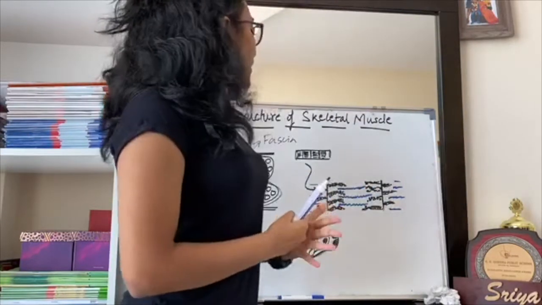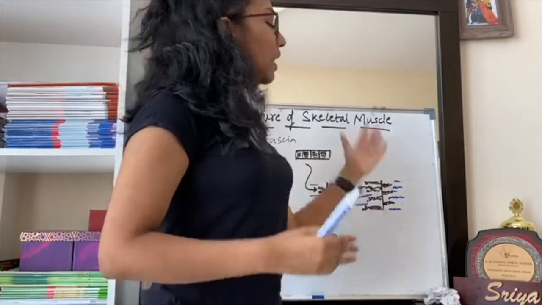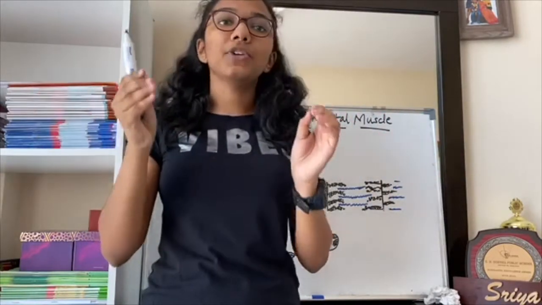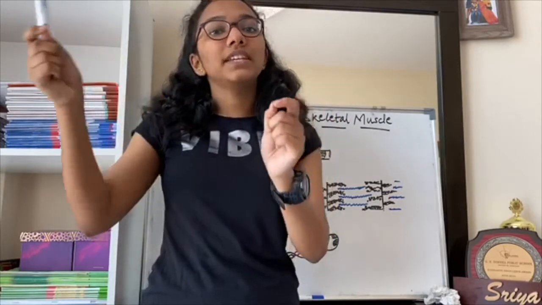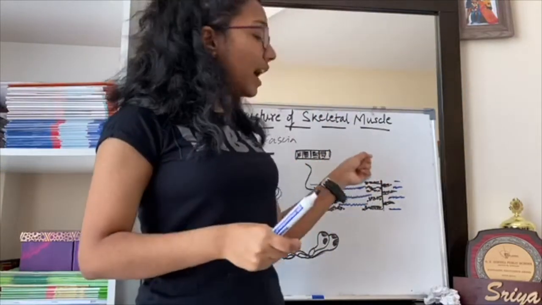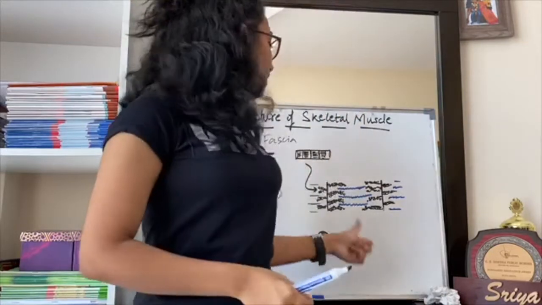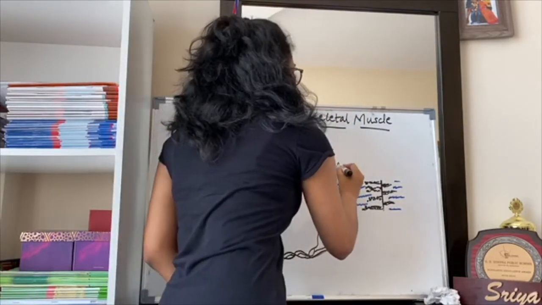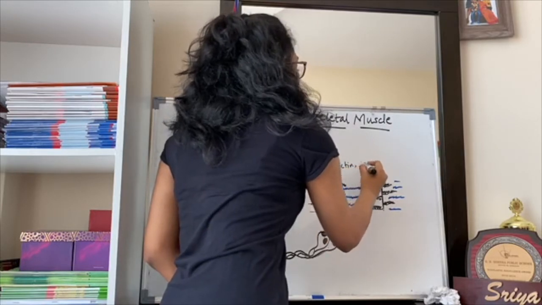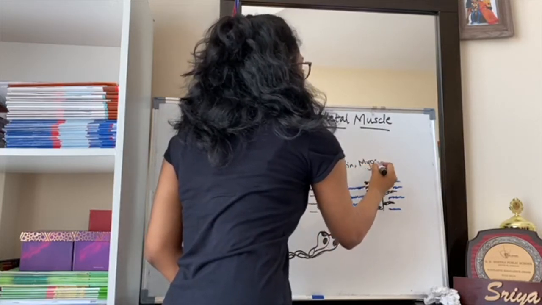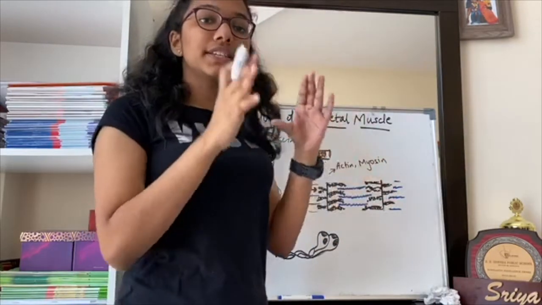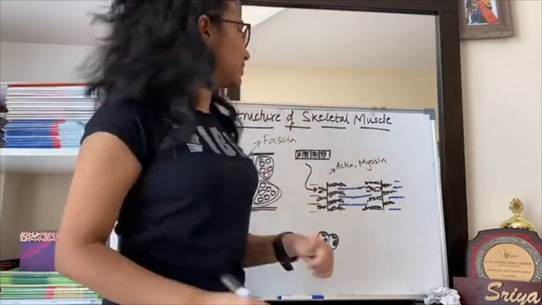Now let's come to what these striations are. When you look at muscle, it has a number of myofibrils. Myofibrils are basically what make up these striations, and they are made up of two filaments. One is actin and the other is myosin. These two filaments are arranged in two distinct light and dark bands.